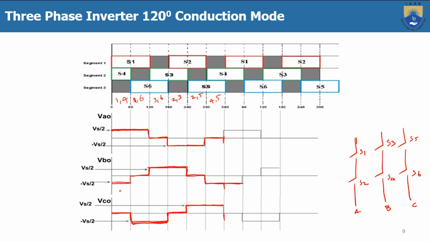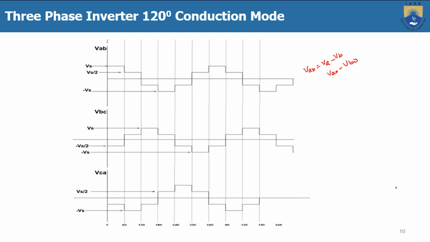That is 1 comma 4, plus Vs by 2 and minus Vs by 2. So that's why here Vs by 2 minus of minus Vs by 2, which is equal to 2 Vs by 2, which is equal to Vs. That's why here you can see during first 60 degrees, here it is Vs.